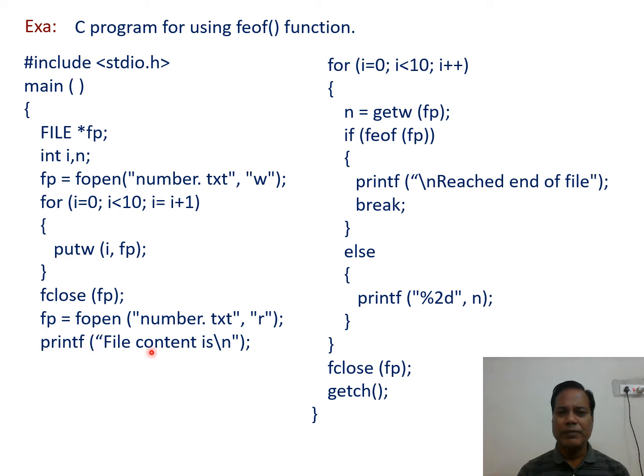Then the printf statement prints file content is on the output screen. Then using the for looping statement, data from the file is read. Till this condition is true, n = getw(fp), integer data is taken in and assigned to the left side variable n.